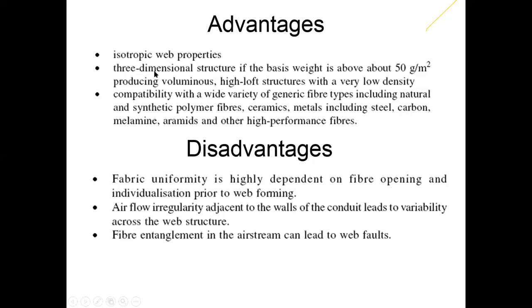In the air laying technique, whatever you are producing is an isotropic web, because the fibers are not in one direction, they are available in all directions, therefore they are called isotropic web. If the fibers are aligned in one direction, then it is called anisotropic.